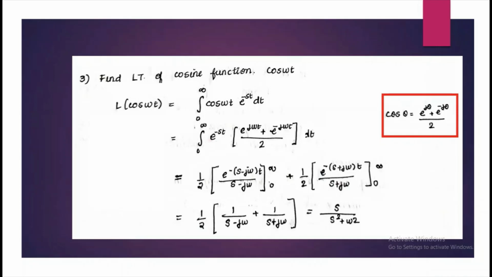So, cos omega t can be written as e^(j omega t) plus e^(-j omega t) by 2. So, if we open the brackets, integrate and apply the limits, we will get s by s squared plus omega squared.